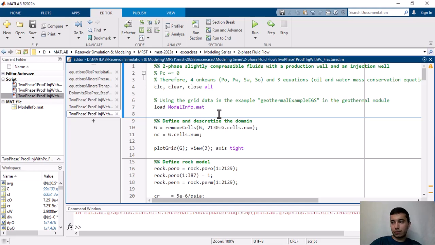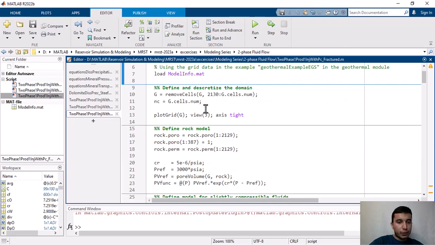As I said, I'm going to use the equivalent continuum model. In this model, I just need to consider those cells that are fractures to have a porosity equal to 1 and a very high permeability.